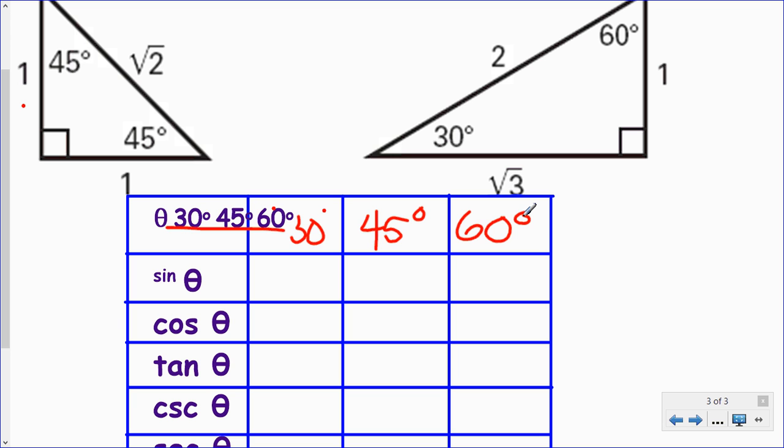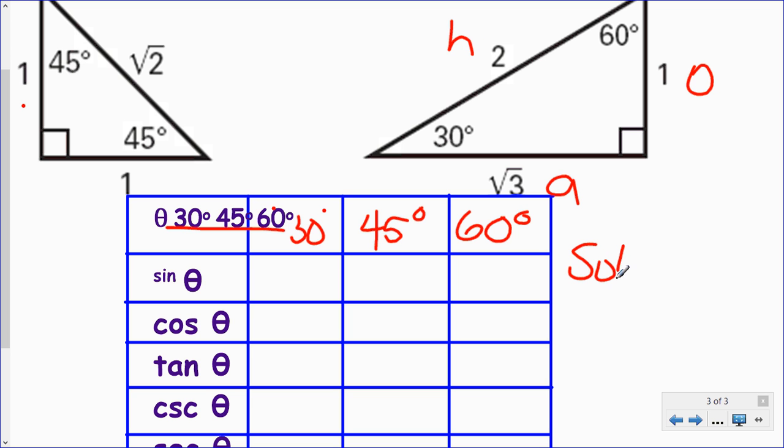Okay, so let's start with our 30, 60, 90 right triangle. Okay, so if we're finding the trig ratios for the 30-degree angle, if we label our sides, the 1 is opposite, the square root of 3 is adjacent, and the 2 is hypotenuse.